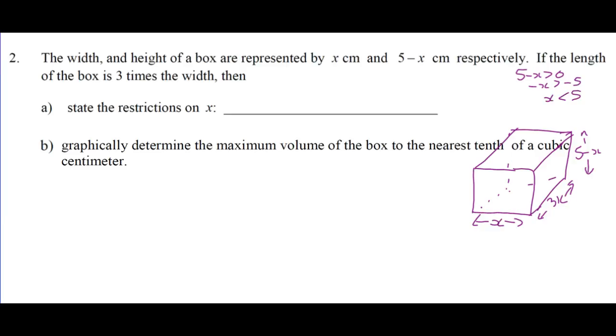So the restriction on x is that it's between 0 and 5. So 0 less than x less than 5. It can't be 0 and it can't be 5. If it were 0, then the volume would be 0. There wouldn't be a box. And if it were 5, again, there wouldn't be a box because it would have no height.